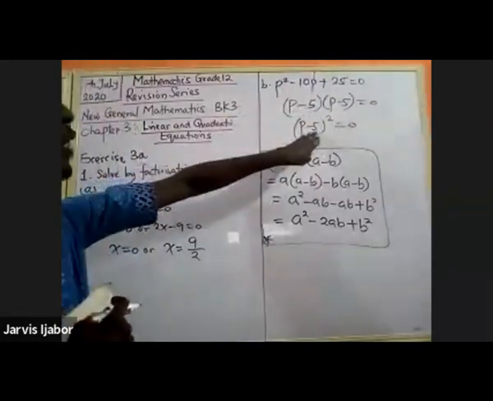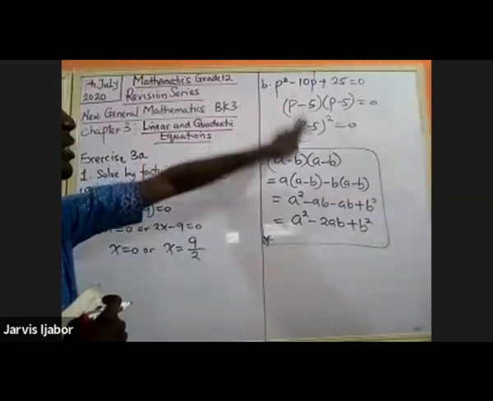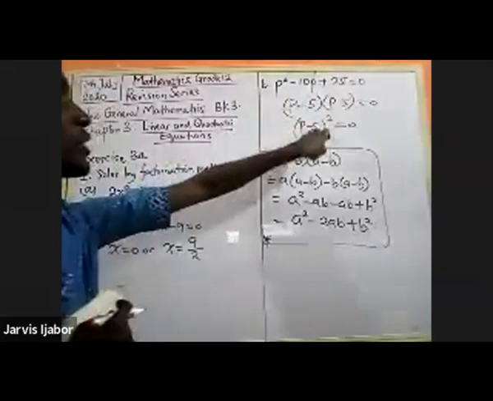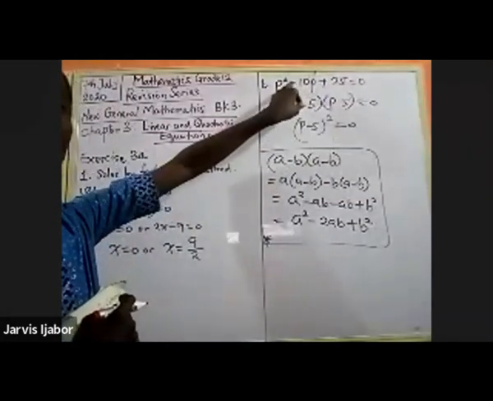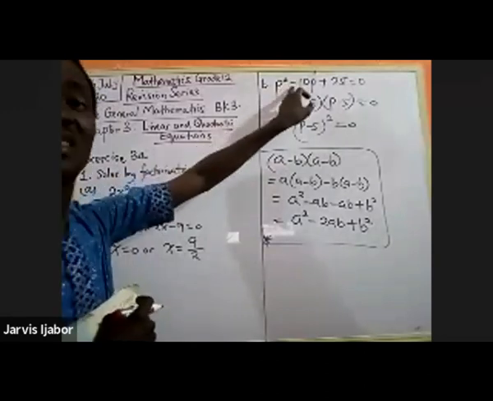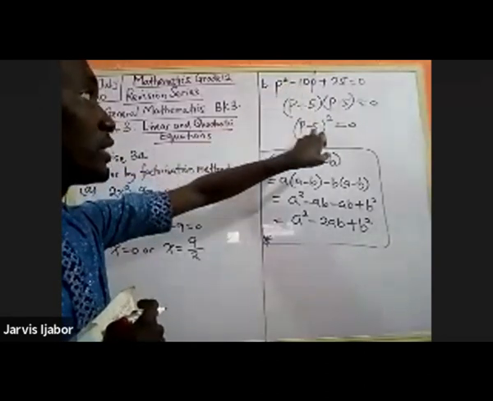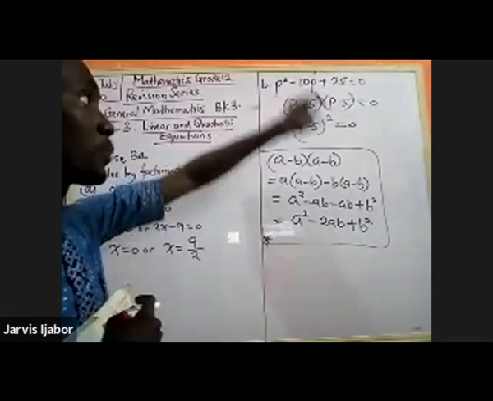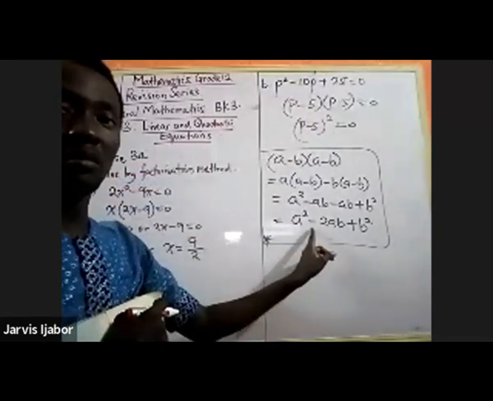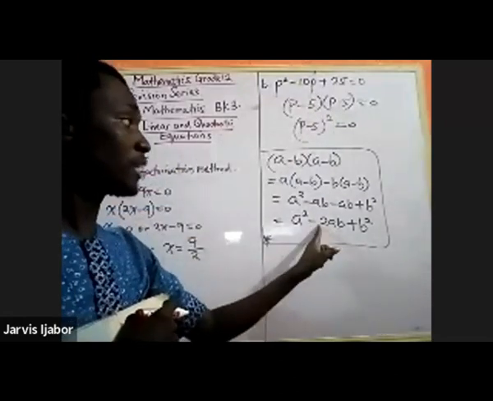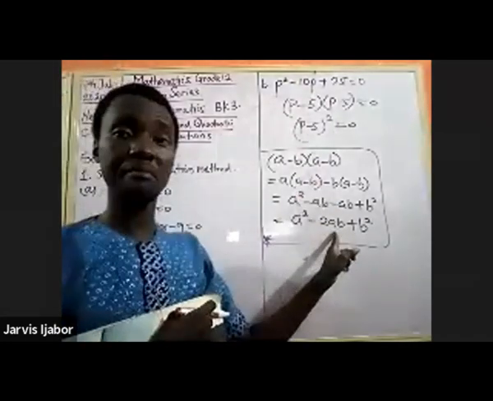So if you're going to solve this, the square root of this is p, and the square root of this is 5. Now, this is the sign you need to watch out for. If this is negative, then this one has to be negative. If this is positive, then this one has to be positive. If you add them, look at it, it says minus 2ab.